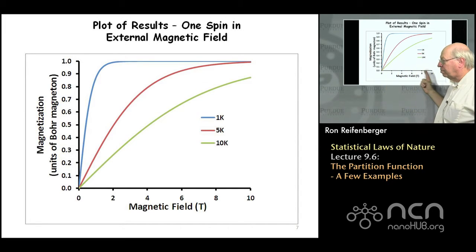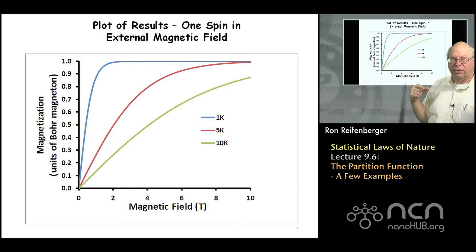So I plot magnetic field along this axis, and I do the calculation for 3 different temperatures, 1 Kelvin, 5 Kelvin, and 10 Kelvin. And what you can see is that for very low temperatures, about 1 Kelvin, the magnetization increases linearly from 0 up until about 2 Tesla.